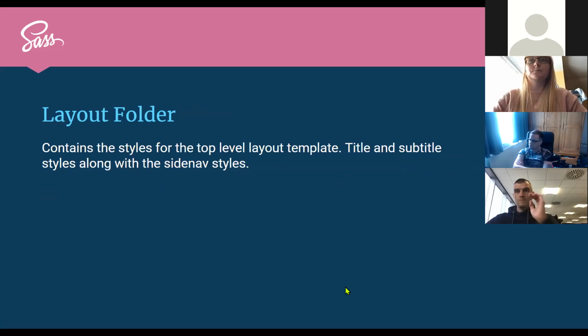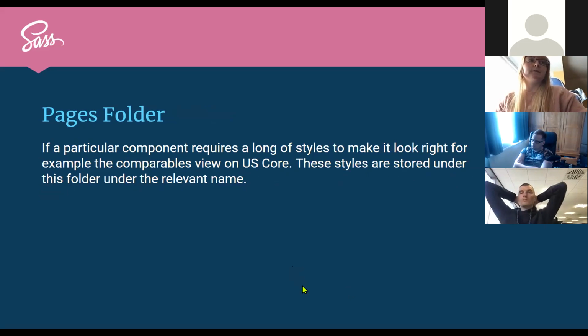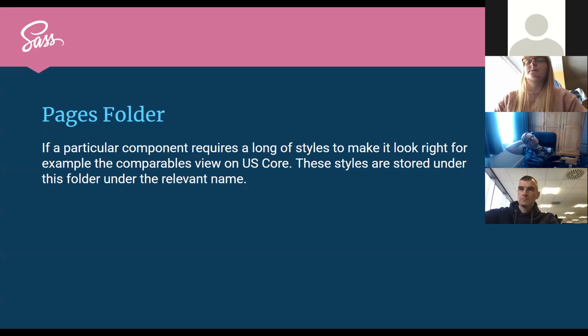The layout folder contains the styles for the top level layout template, including title, subtitle, and side nav. Pages is if you have a particular component that has its own styles. The best example of this is US core. On there, the comparable grid has its own dedicated style sheet under the pages folder, and of course the naming is relevant to the actual component.